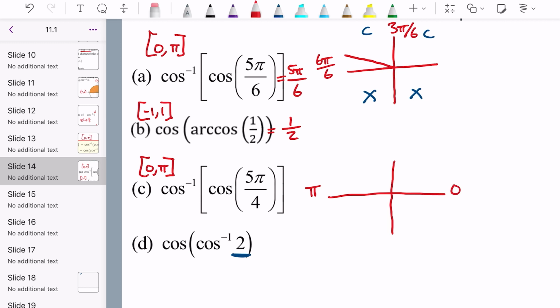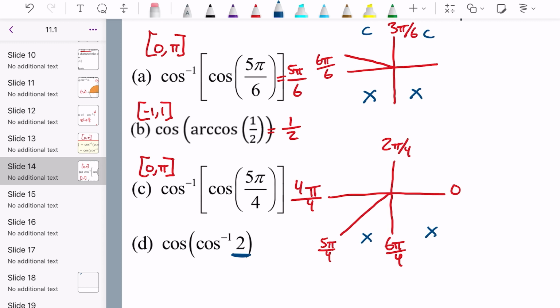Now, considering how we have a denominator of 4, this would actually be 4 pi over 4. Our 90-degree angle would be 2 pi over 4, and our 270 mark would be 6 pi over 4. 5 pi over 4 would fall within quadrant 3. Remember, cosine should not be in quadrants 3 and 4.